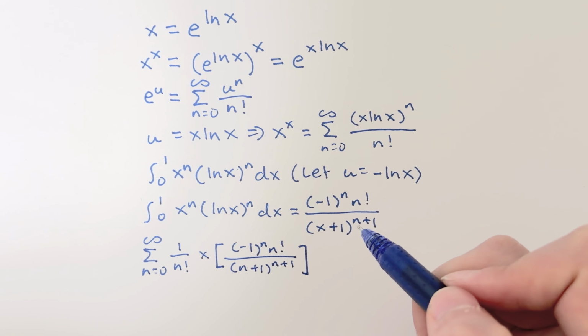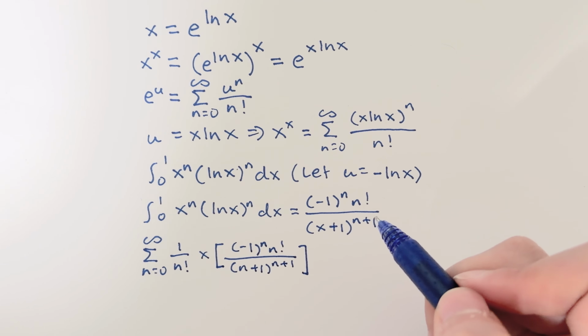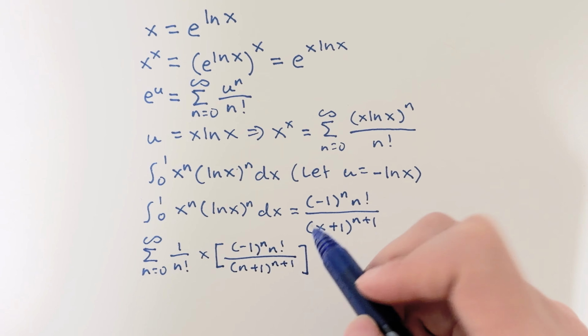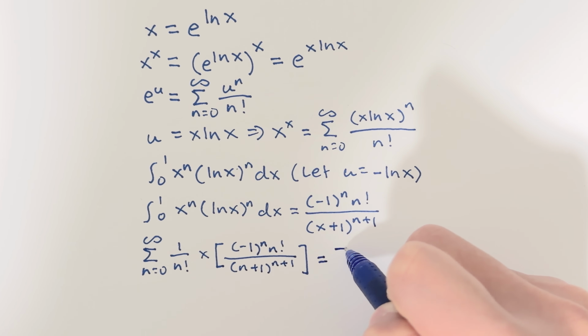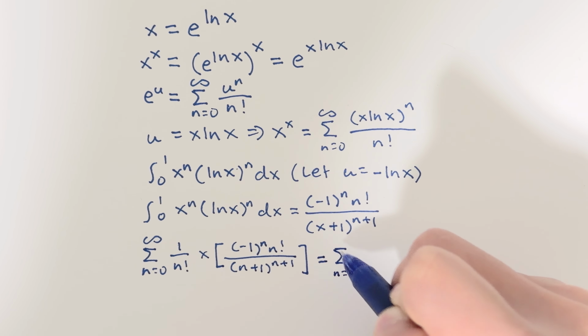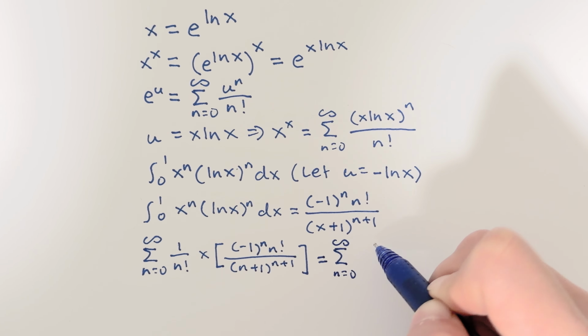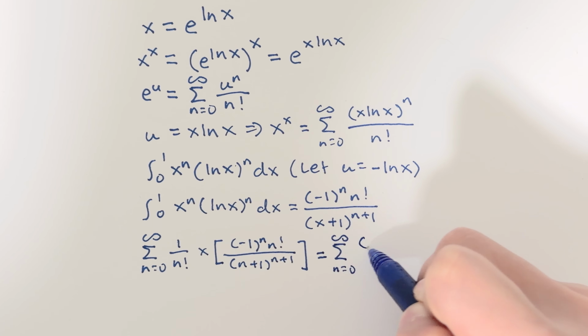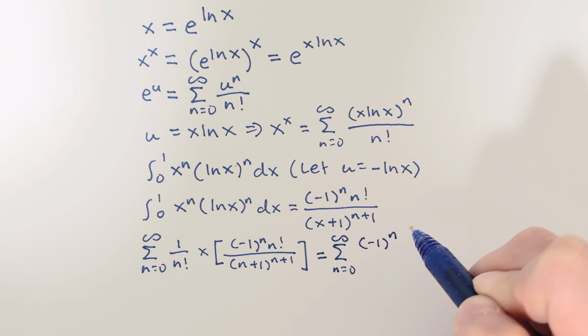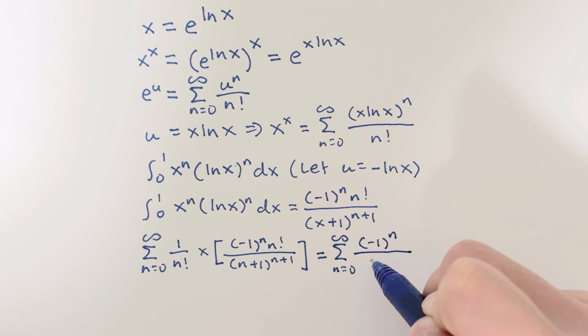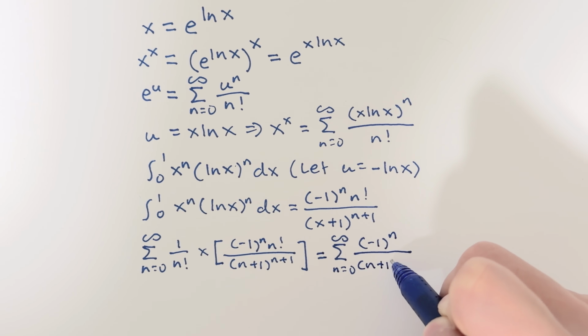So here, the n factorial on top and bottom cancel out perfectly, which leaves us with the summation n equals 0 to infinity of negative 1 to the power of n divided by n plus 1 to the power of n plus 1.